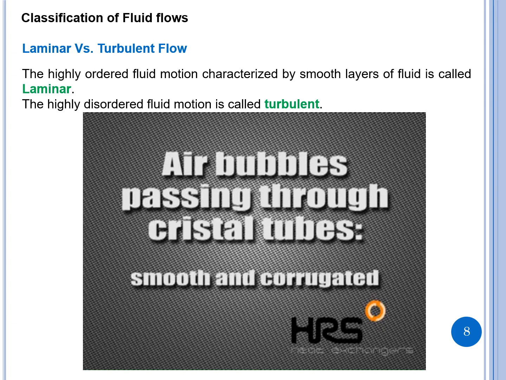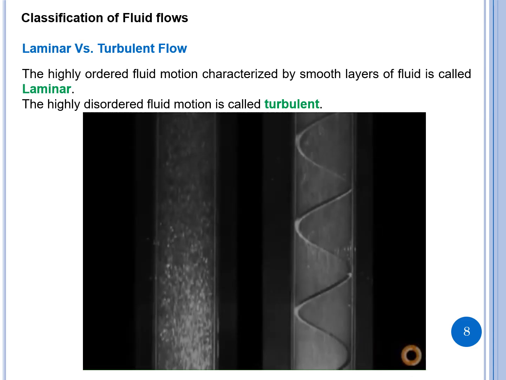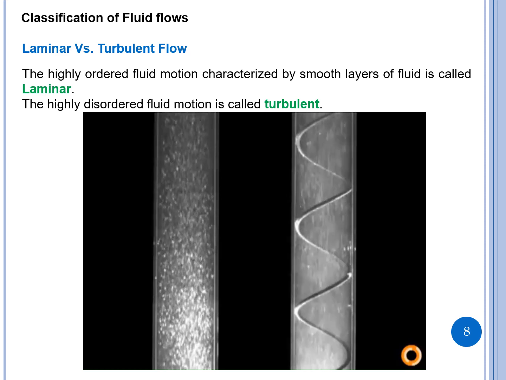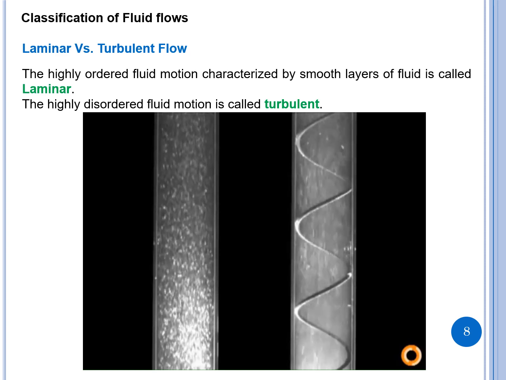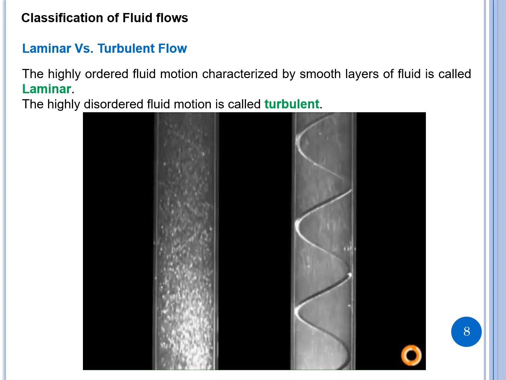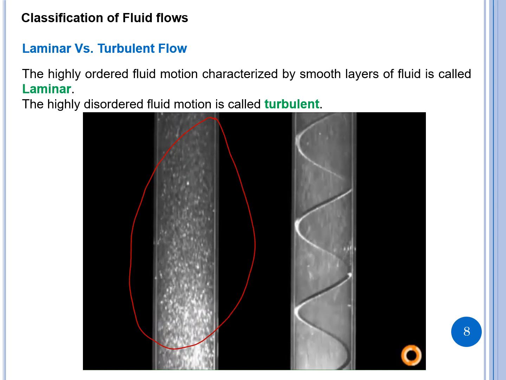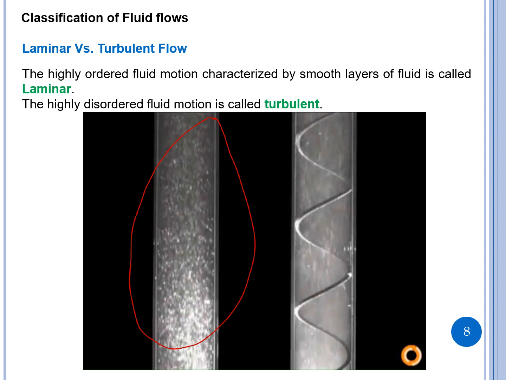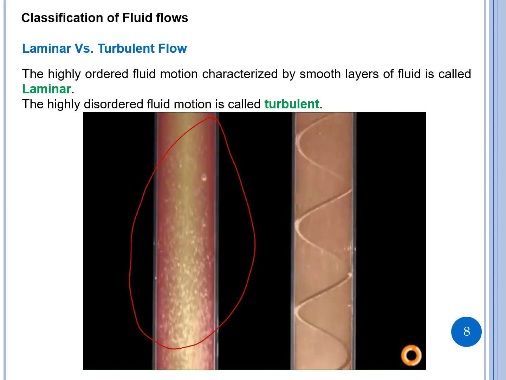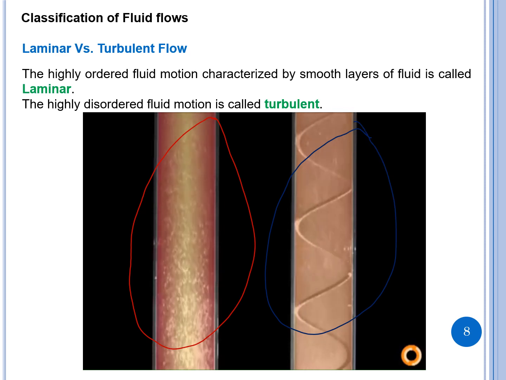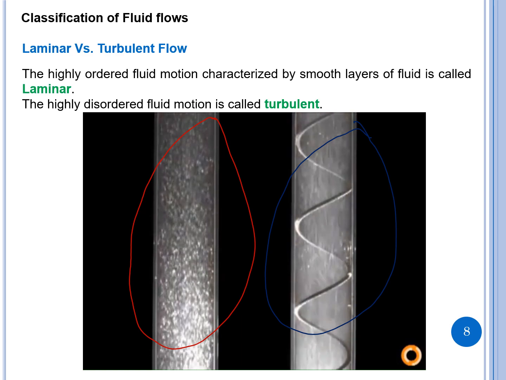So just have a look at the video now. On this side you can see it's quite an ordered flow, so it's a laminar flow. This side is very disordered flow, it's a turbulent flow.